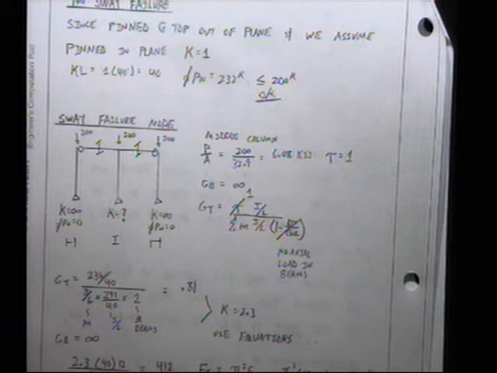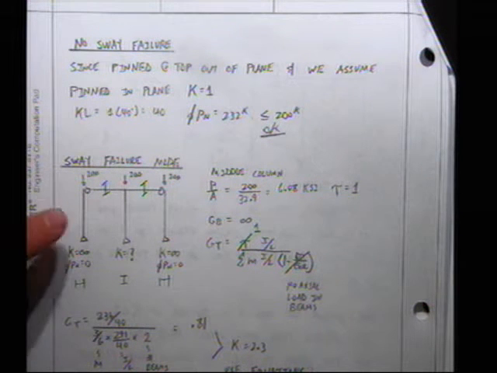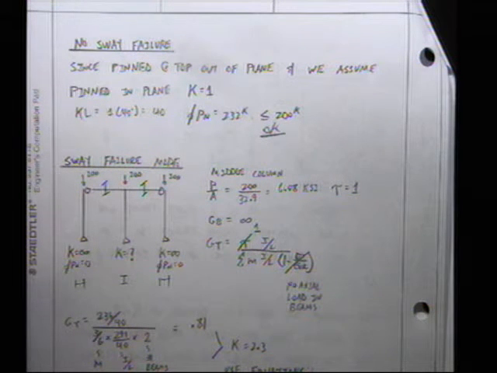And we said we're going to use a certain technique to solve these problems. Now, I typically solve for the pin-pin capacity of each column, and then I solve for the contribution to the sway capacity of the column. This is a very simplified system where the pin-pin capacity is the same for all of the columns.